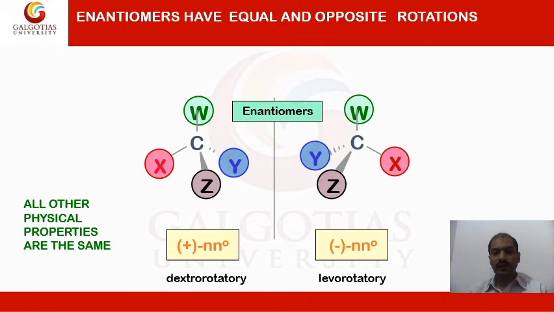So here you can see their rotation is different, as I said initially. If the molecule has the same mass and the same type of atoms or groups attached to the central carbon, but they have different rotation towards the light, then they could have different properties.